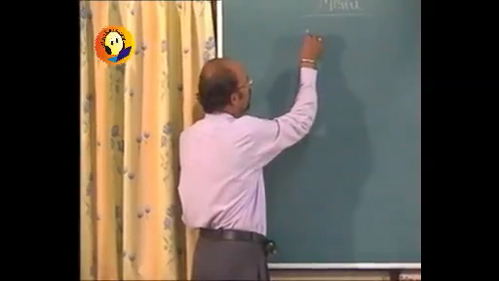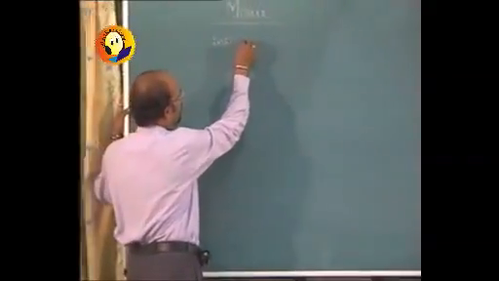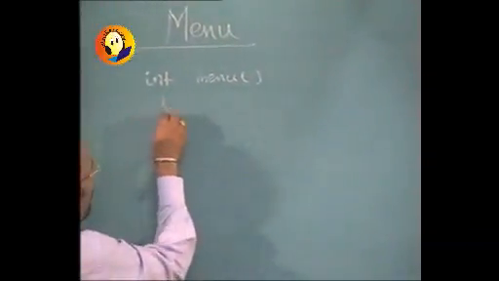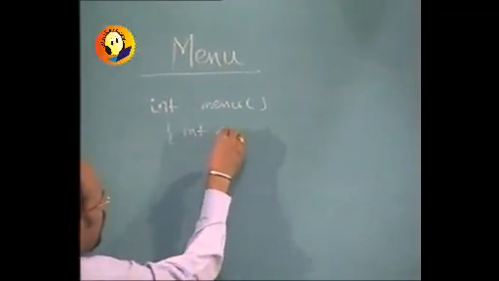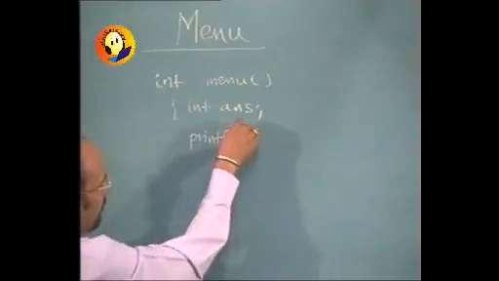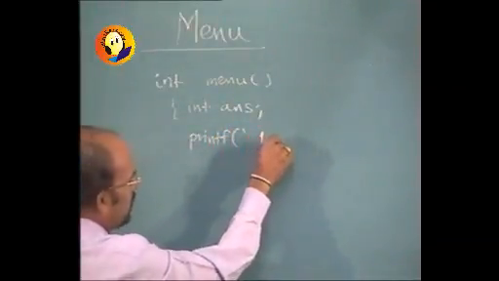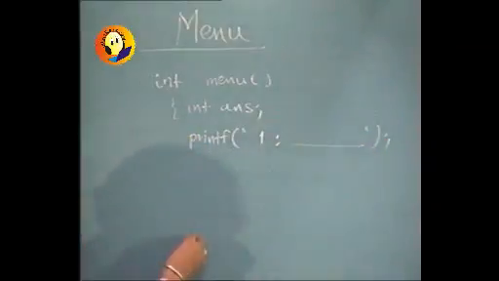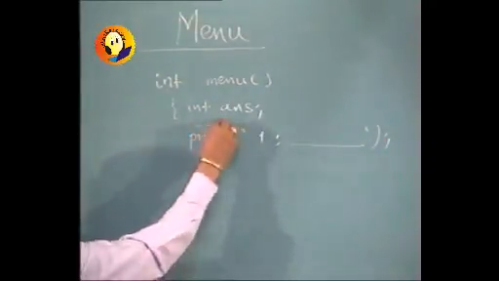So one simple function that we write will be menu, where you will have some integer variable answer, and you will have so many printf statements. As in what does 1 stand for, like that. Okay, and whatever decoration that you want.